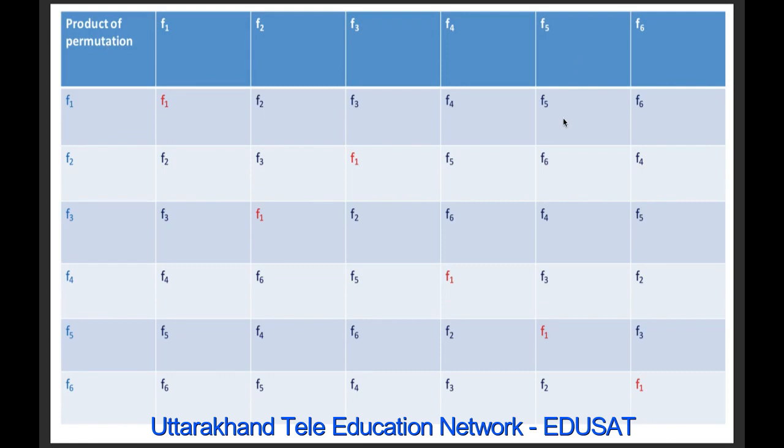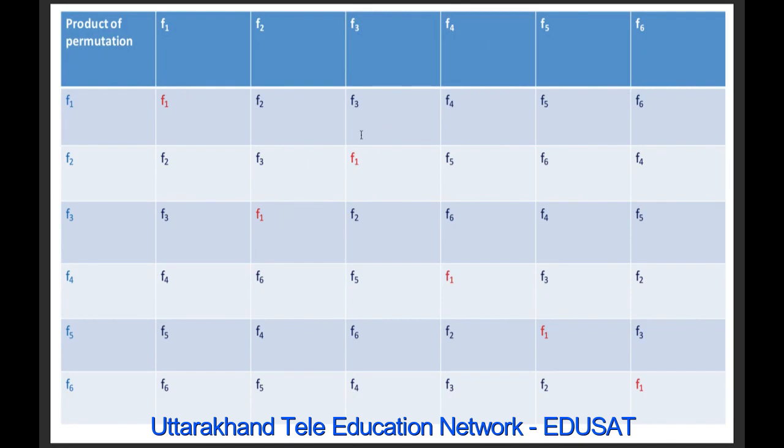After observing that the first row is identical with the top border row, we see the element on its extreme left, which is F1. F1 is the identity transformation, identity permutation, or identity element of the group. Now we mark this identity element in all the rows. In the first row, the identity element F1 is in the first column.